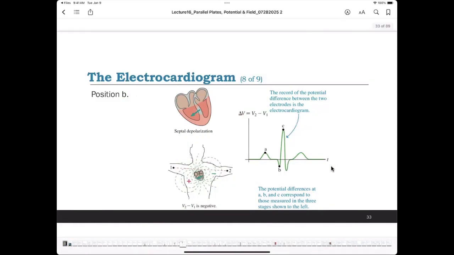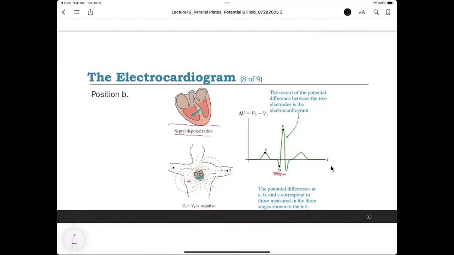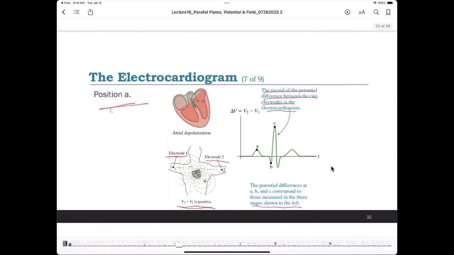Then you can have position A, and then here this is position B. In position B, you can see the septal depolarization.